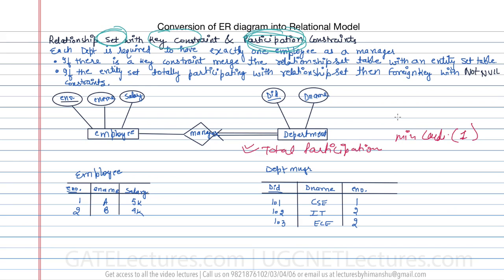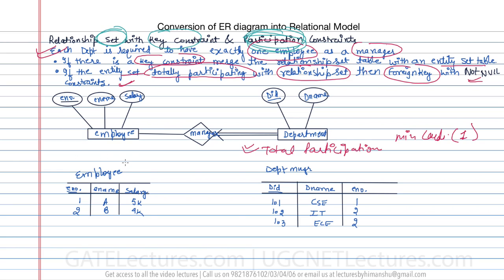Okay, so you can see here each department is required to have exactly one employee as a manager, right? So if this is the requirement, and there is a key constraint, merge the relationship set table with an entity set table. If the entity set table is totally participating with the relationship set table, then we are going to use a foreign key with not null constraint.